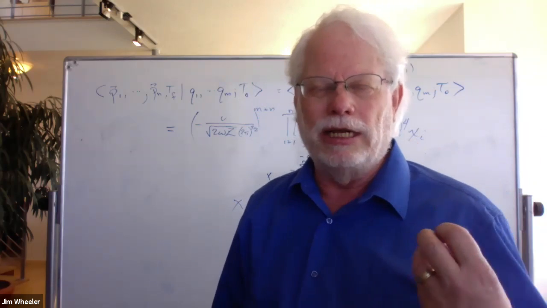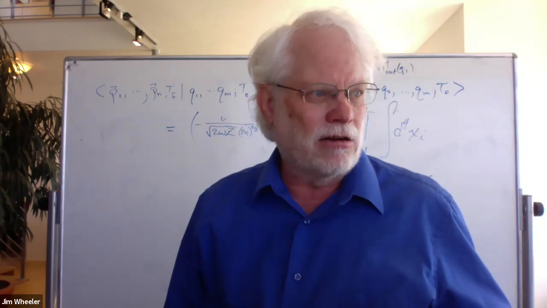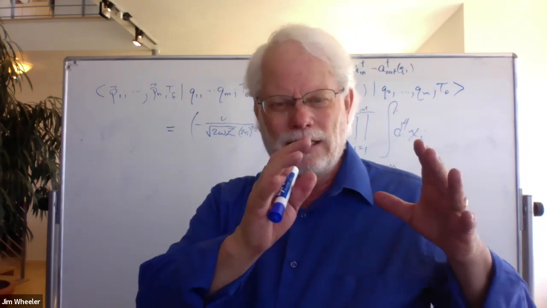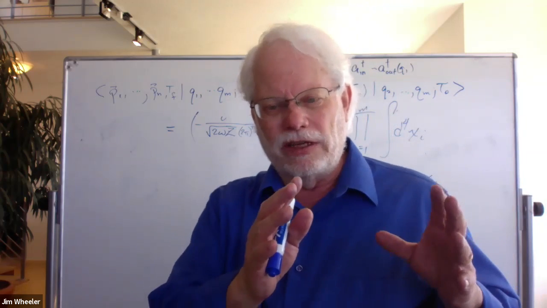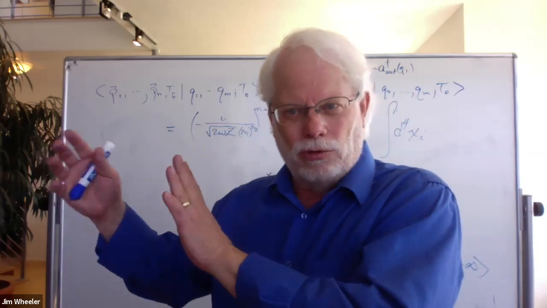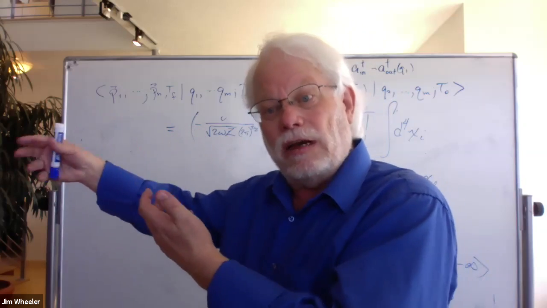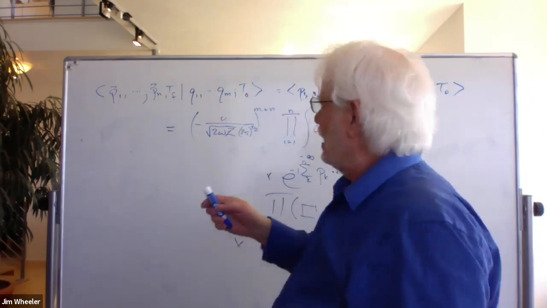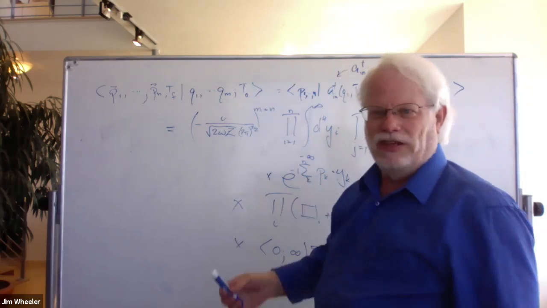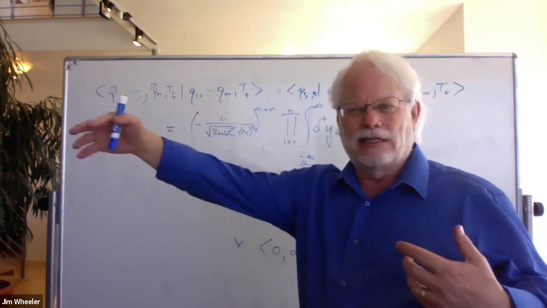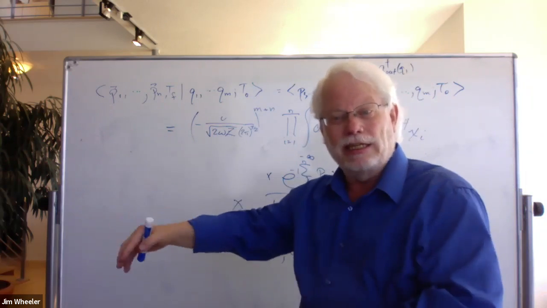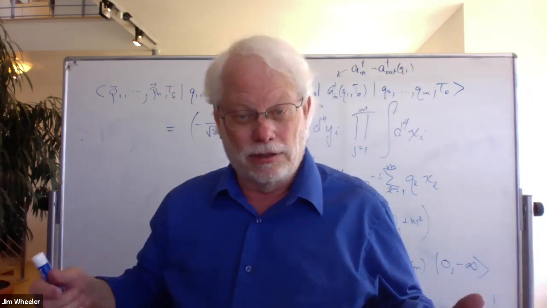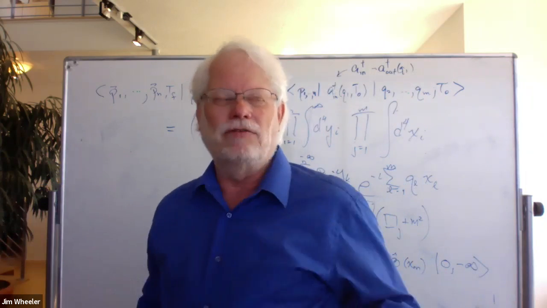Won't get there today, but we're going to prove Wick's theorem, which relates an arbitrary ordering of fields to the normal ordering, plus a bunch of commutators. And by the time you apply that to all of these fields, you get a sum of products of commutators, so the theorem itself is massive.